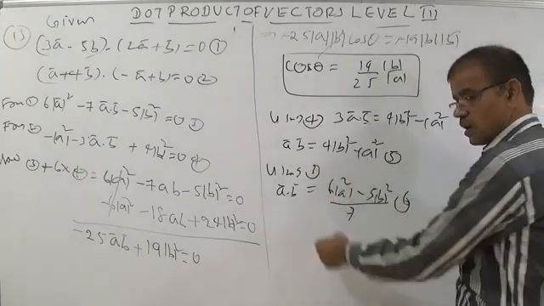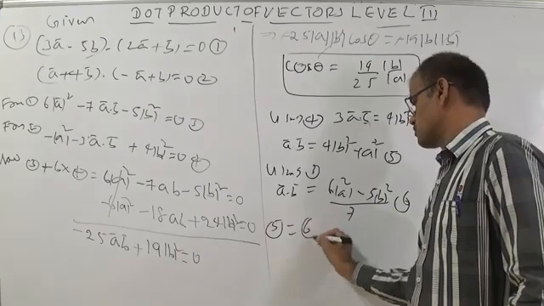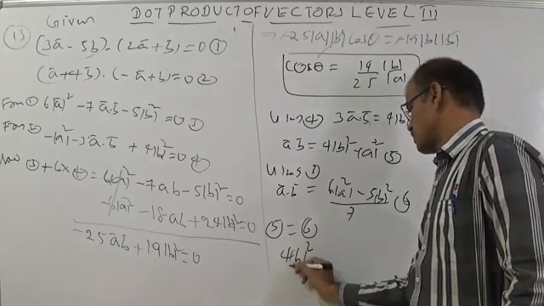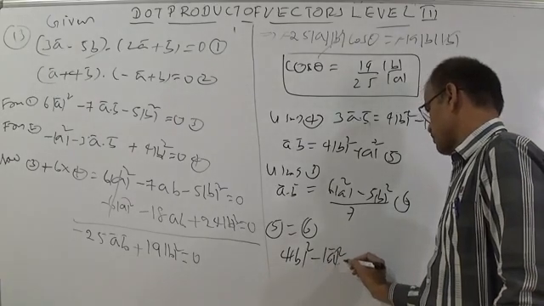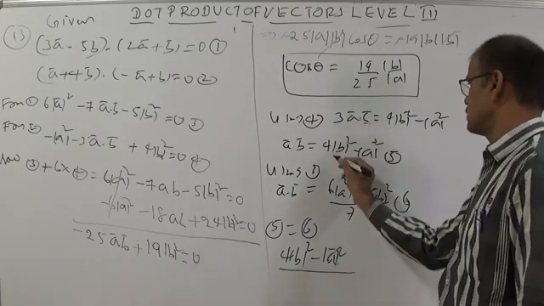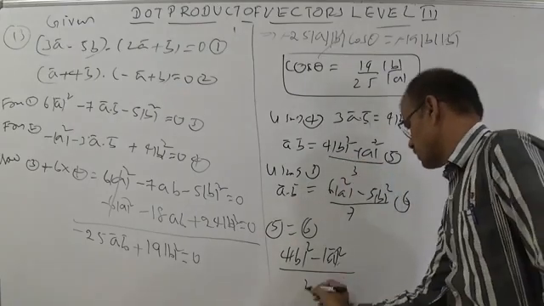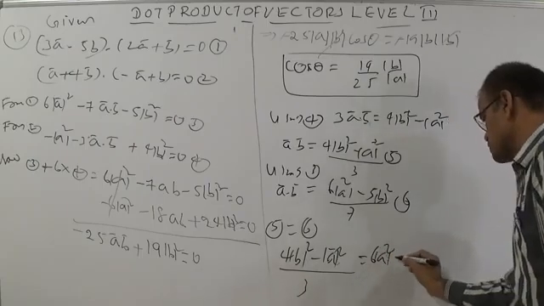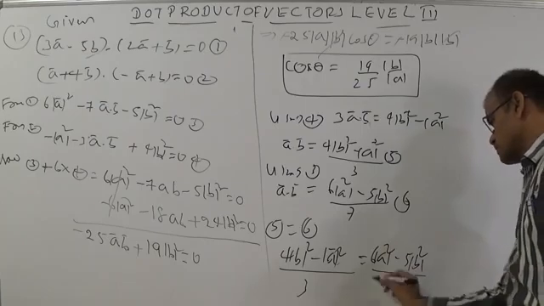Because this is a·b and this is a·b, we can equate the fifth and sixth. So you can write here (4|b|² − |a|²)/3, I did not write the division by 3, I should write it, is equal to (6|a|² − 5|b|²)/7.